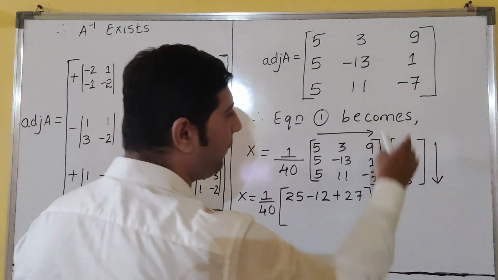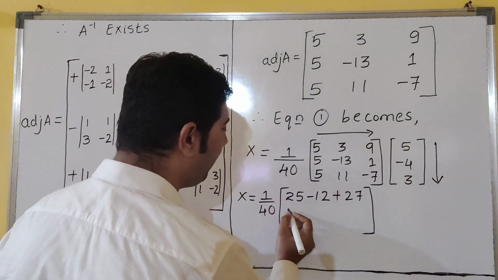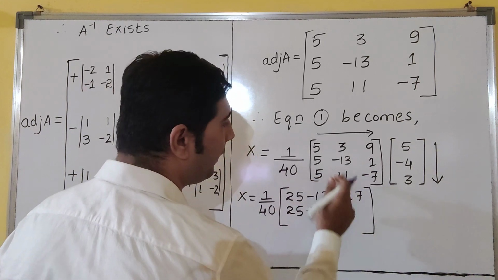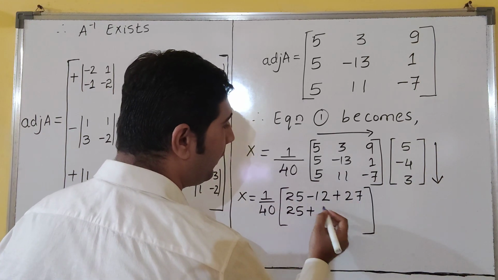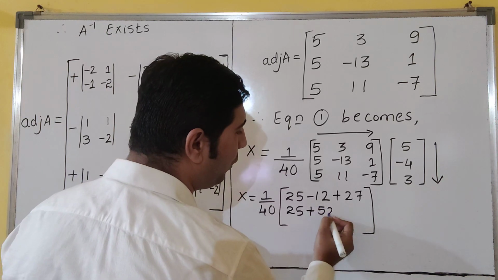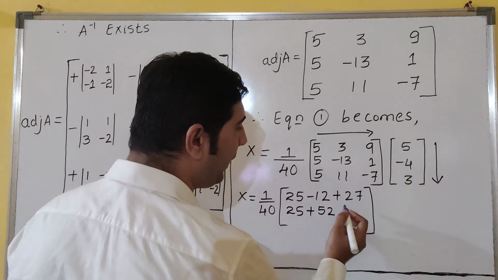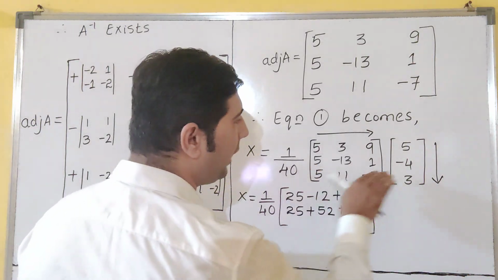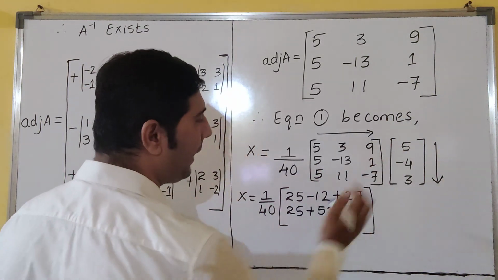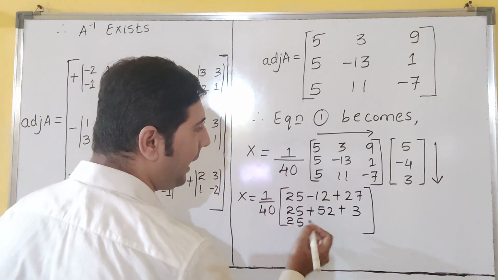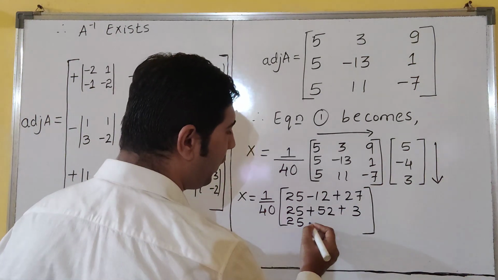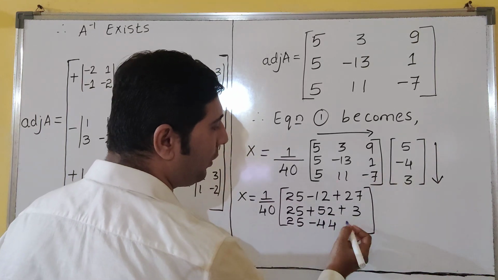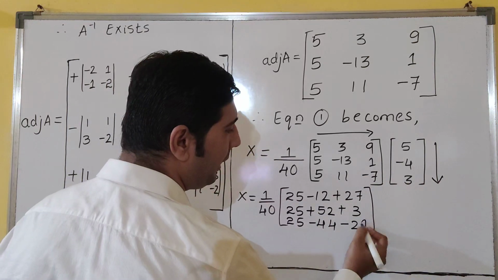Now second row, first column: 5 fives are 25, minus into minus plus, 13 fours are 52, 1 into 3, plus 3, dear students. Next, third row, first column: 5 fives are 25, 11 into minus 4, minus 44, minus 7 into 3 is minus 21.